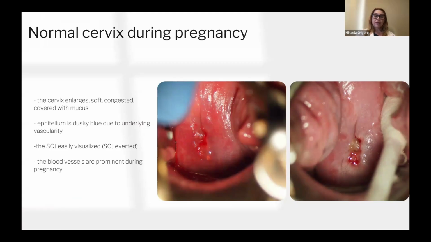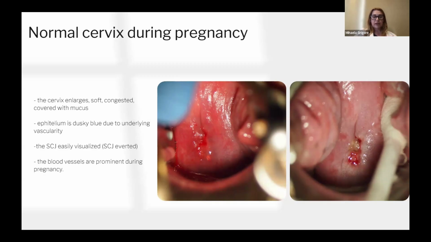Also, the epithelium is dusky blue because of the underlying vascularity. And the squamocolumnar junction is easily visualized because during pregnancy it is everted. So from this point of view, it is easy to see the entire transformation zone.